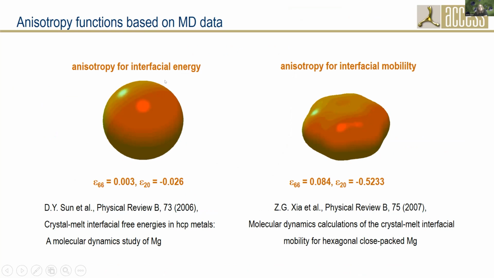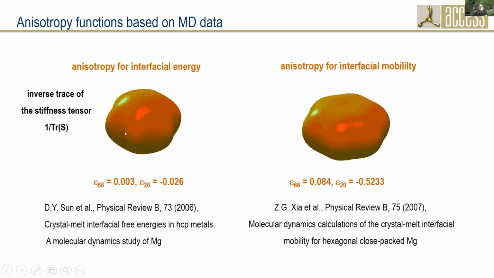But the problem is that it's actually not the interfacial energy which matters, but the interfacial stiffness tensor, which is much higher. It comes from the second derivatives of the interfacial energy, and the stiffness tensor cannot be plotted in a simple way, as it depends on the local direction.